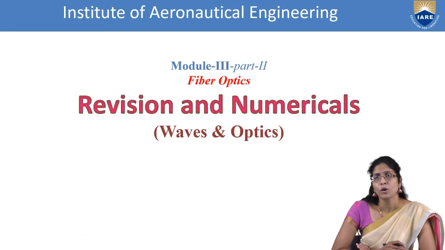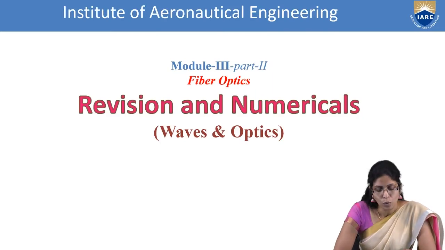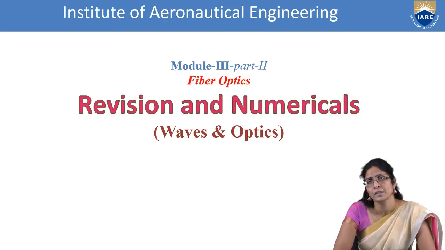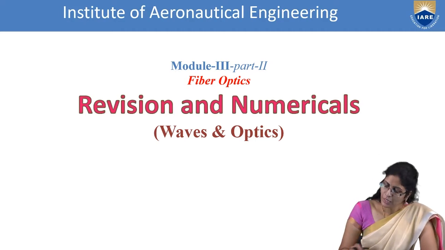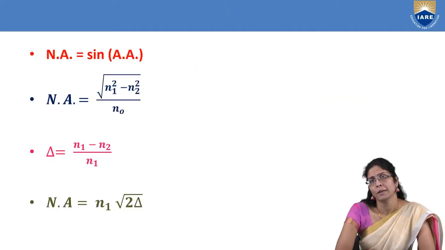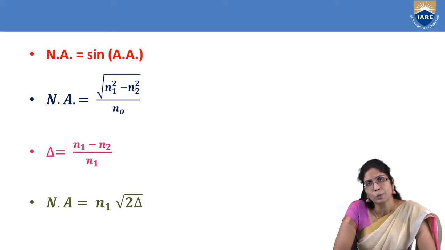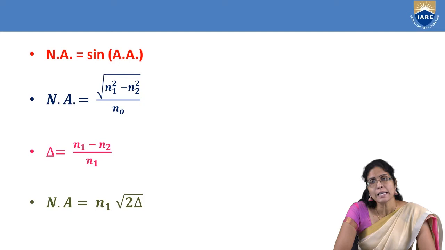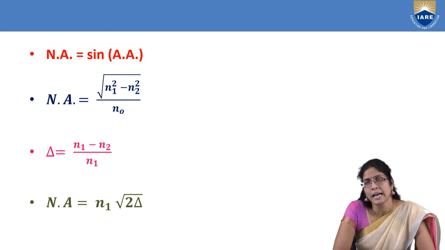So now I want to go into the second part of our third module, which is fiber optics. In fiber optics, we have plenty of formulae where we have seen the numerical aperture and the acceptance angle, where the numerical aperture is given as the sine of the acceptance angle.